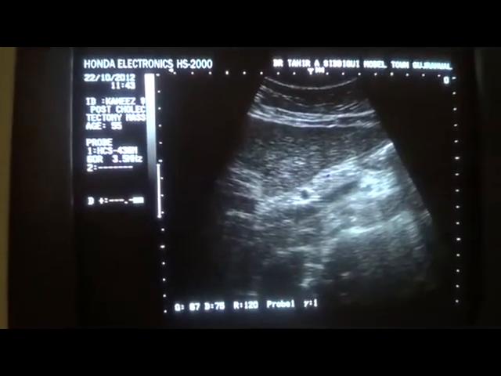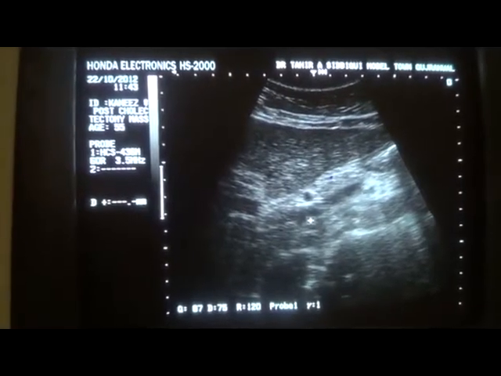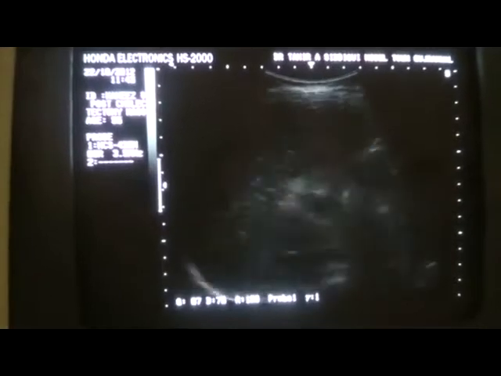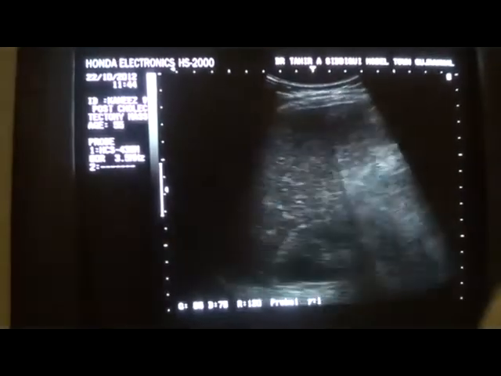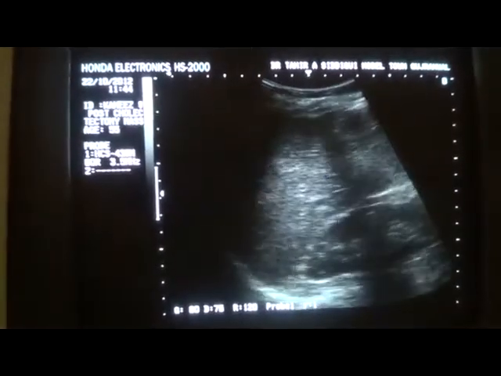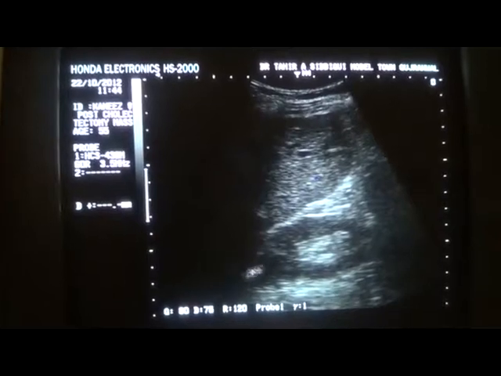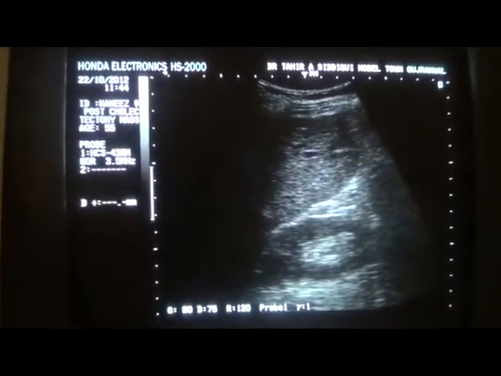This is the portal vein at the region of the porta hepatis, and this is the kidney. Now towards the right lobe, both poles are clear, and the right kidney is normal.